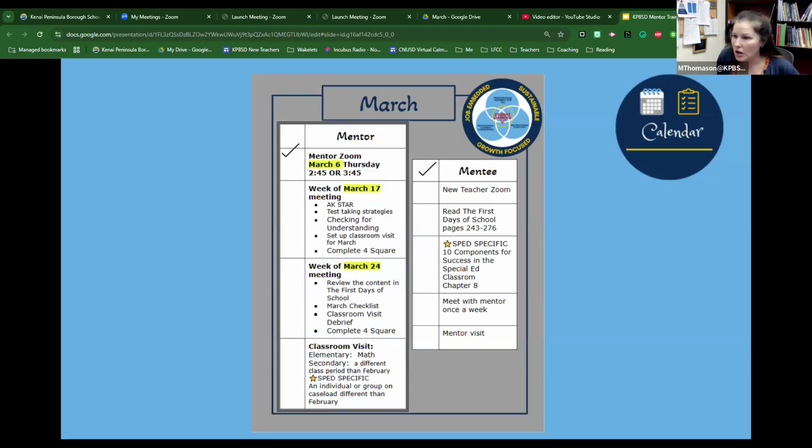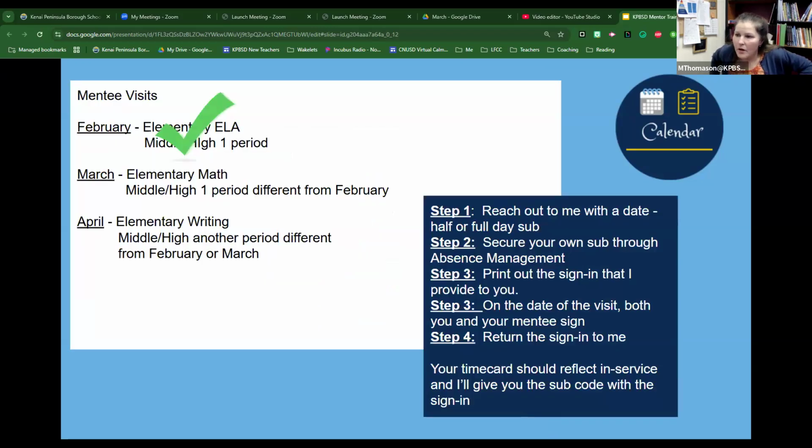What are those meetings going to look like? The slides for those will be coming up shortly, but first I want to talk about mentee visits. So you did the February visit. The hope is that you'll have an opportunity to do 3 classroom visits till the end of the year. You've probably done your February visit. It would be good if you could do a March and an April visit.